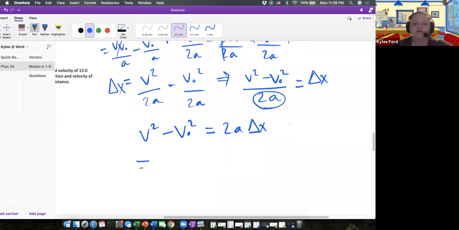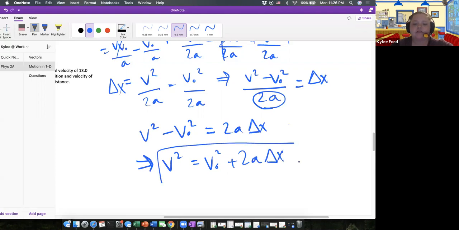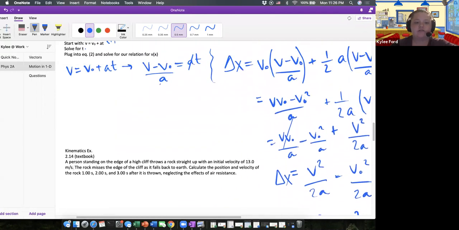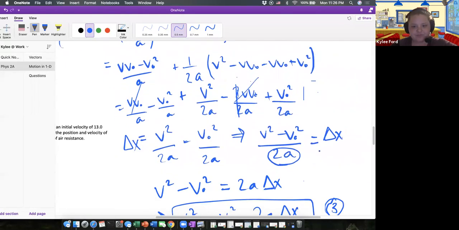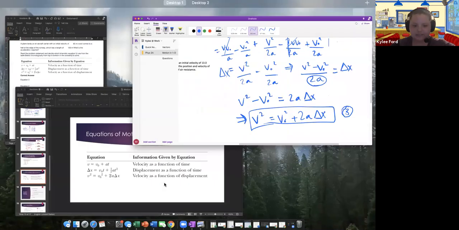We can also write this as v squared equals v naught squared plus 2a delta x. And that is our third and final kinematic equation that we were looking for. So through all of that mess, we found this.